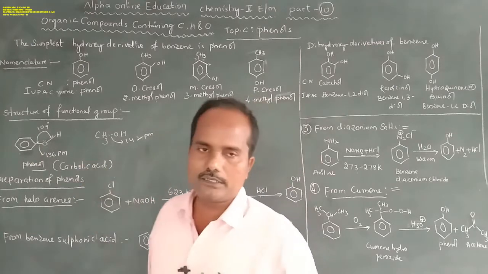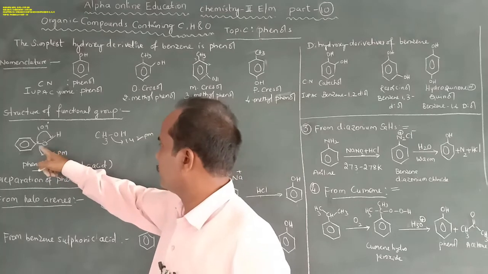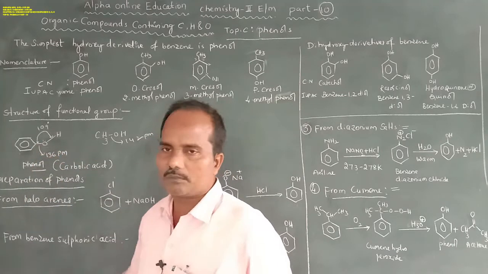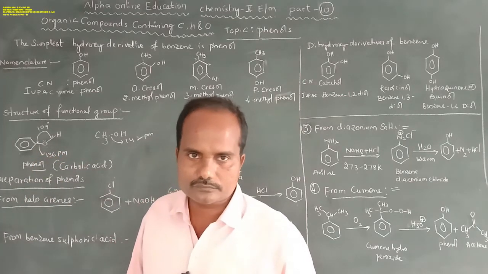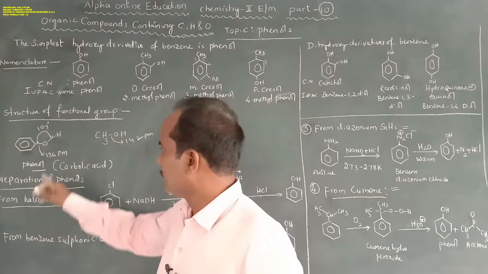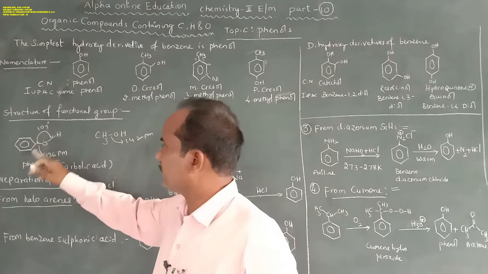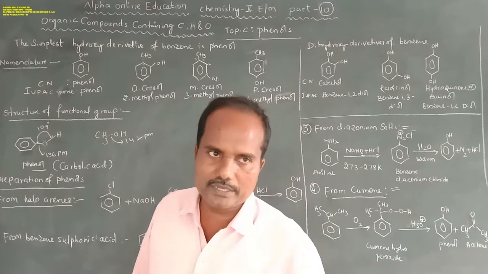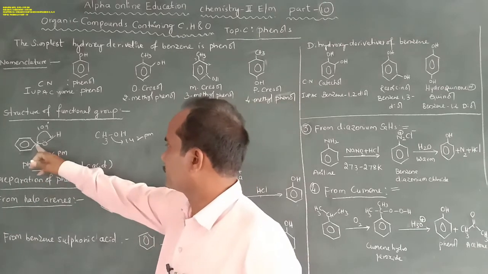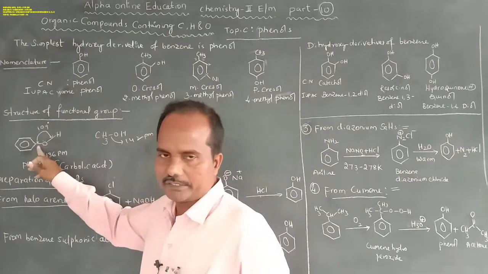Another reason is that the aromatic carbon is sp2, and it is connected with oxygen. That's why the bond length decreases.